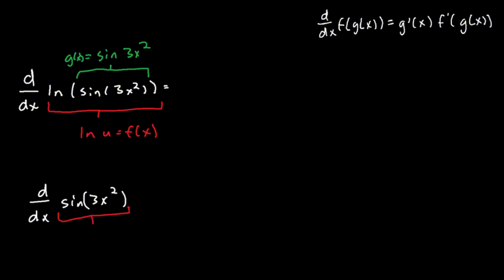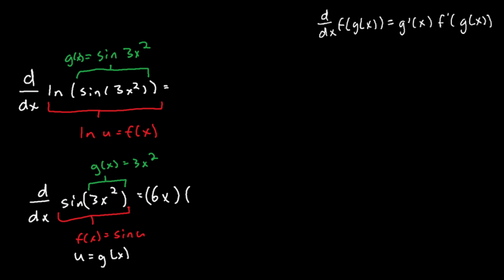The outer function in this case is sine of u, and the inner function in this case is g of x, which is 3x squared. Now we can take the derivative of sine, knowing that we differentiated these. So u is equal to g of x. So we take the derivative of g prime on this inner function. The derivative of g prime is the derivative of 3x squared, which is just 6x.